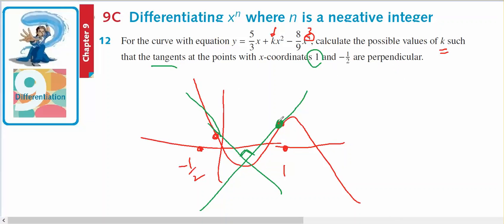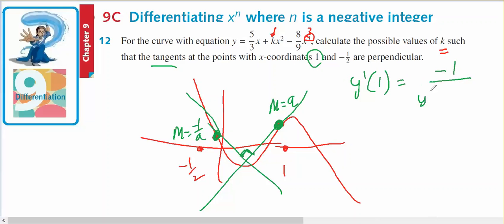So if the gradient here happened to be A, then the gradient here would have to be -1 on A for these to be perpendicular. So y dash of 1 equals -1 on y dash of -1/2 should be what I'm looking for, and then that I could solve for k.